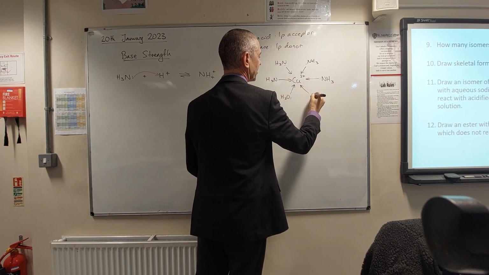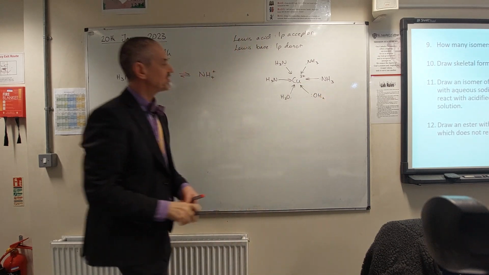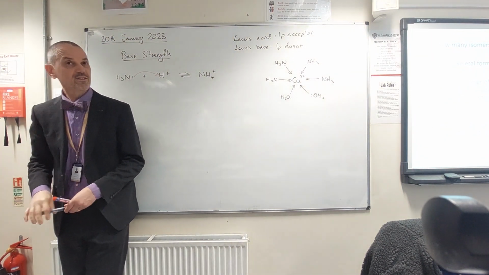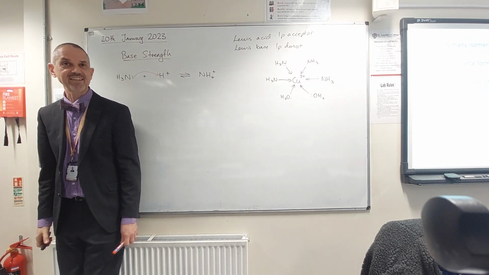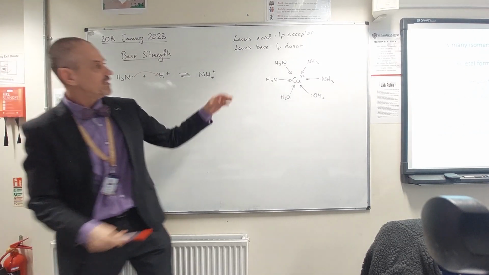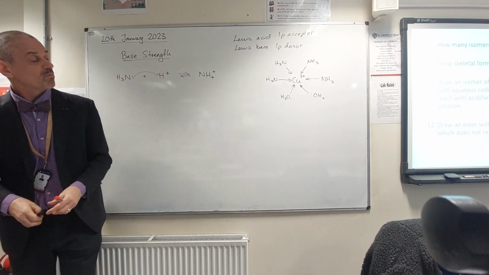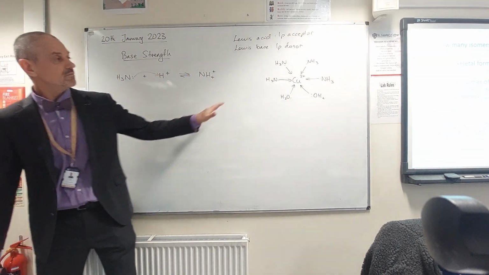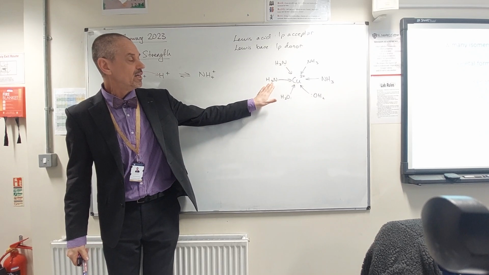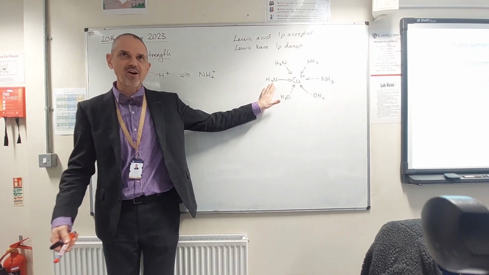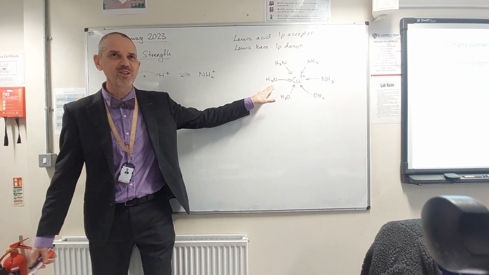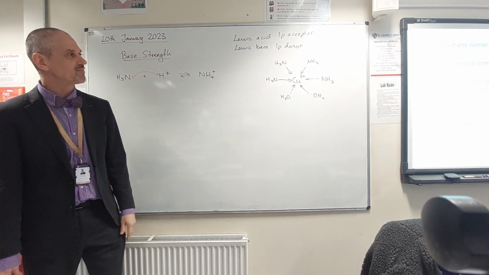We have a couple of waters there, don't we? There we are. So that's our copper 2 plus ammonia in excess thing. It's the same principle: bases or nucleophiles or ligands, whatever you want to call them, donating lone pairs of electrons.